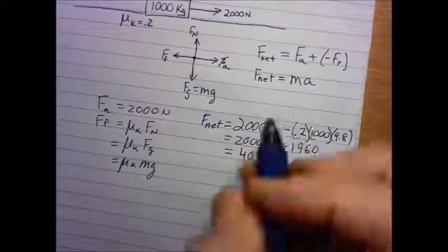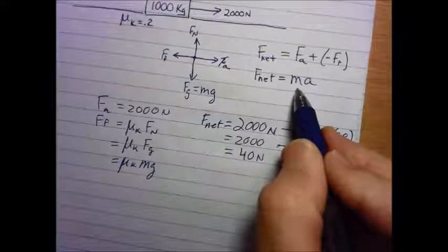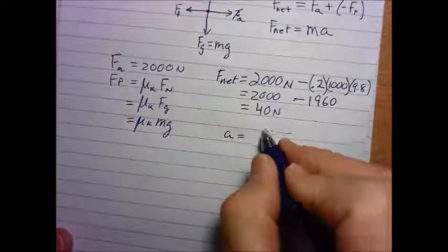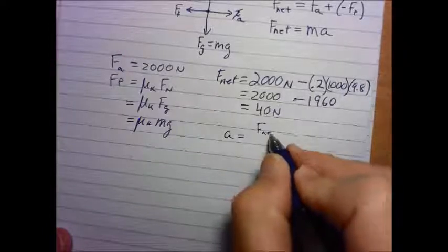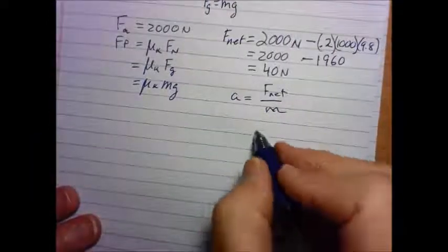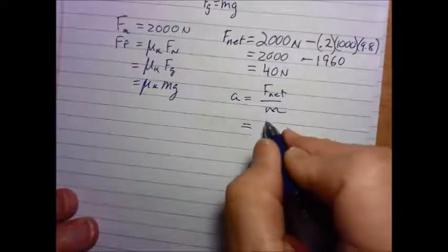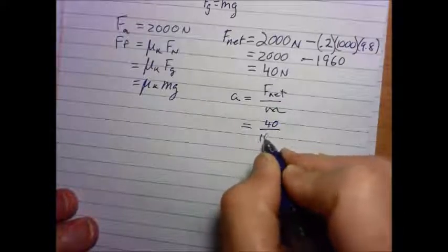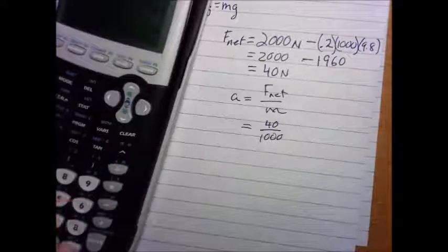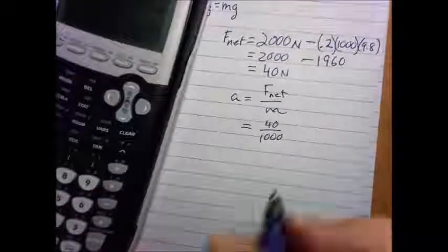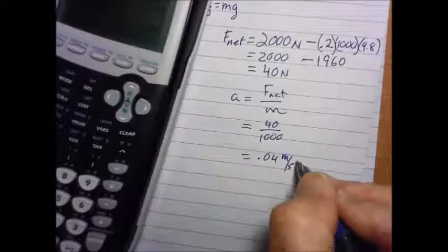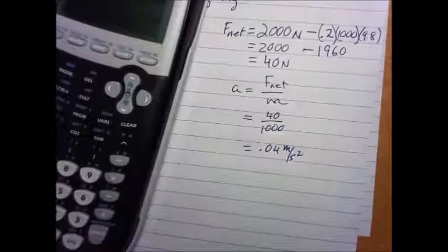So 40 newtons is the net force. We know the mass, and now we can calculate the acceleration. Acceleration is going to be equal to the net force divided by the mass, which is 40 newtons divided by 1,000 kilograms. And that is 0.04 meters per second squared. All right? We're really tearing it up there.